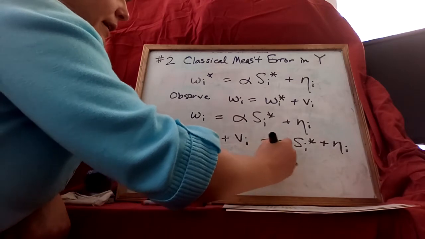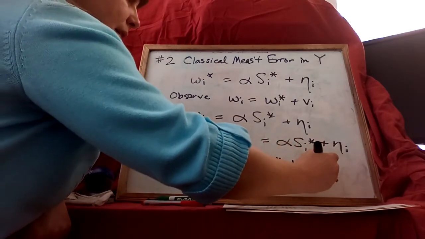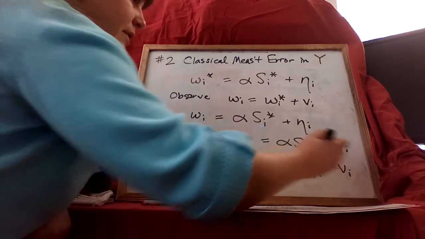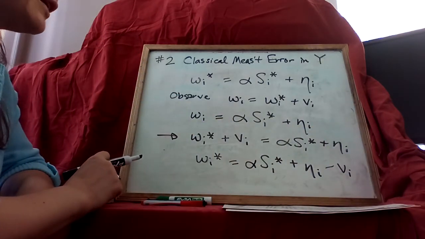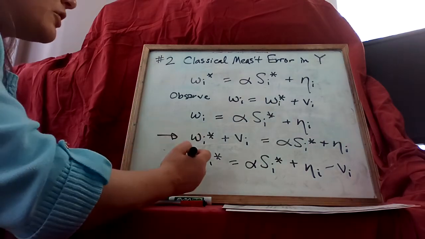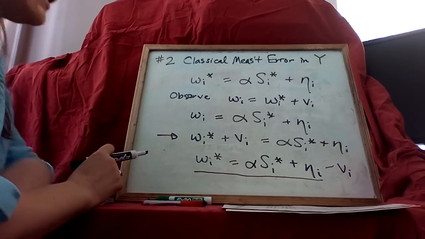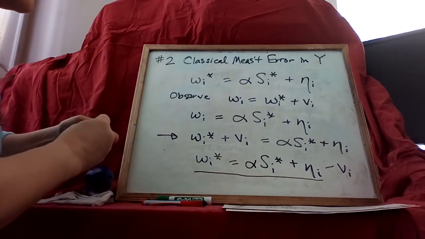And then we have alpha S_i star plus eta_i, and we're going to need to move the v_i over to the other side. Totally fine to do, subtract the same thing from both sides. And so we've got this piece, that is exactly what we're looking for, and all that's happened is we've tacked on this little extra bit.